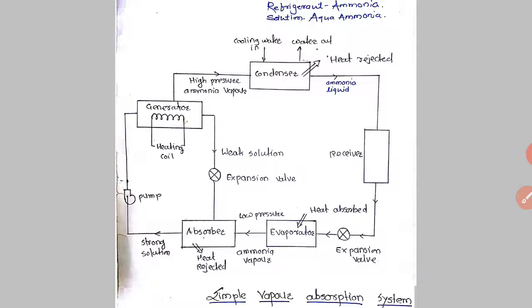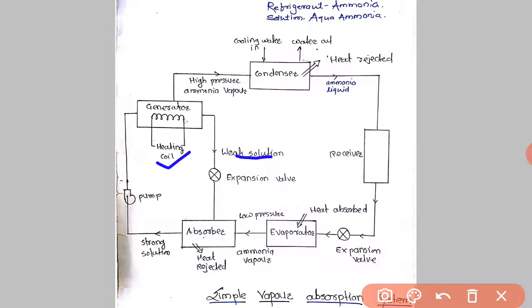See here, from the absorber the strong aqua ammonia solution is passed to the generator. In the generator, a heating coil is there, so heating takes place there. From there, high pressure ammonia vapors are created and the weak solution is passed through the expansion valve back to the absorber.